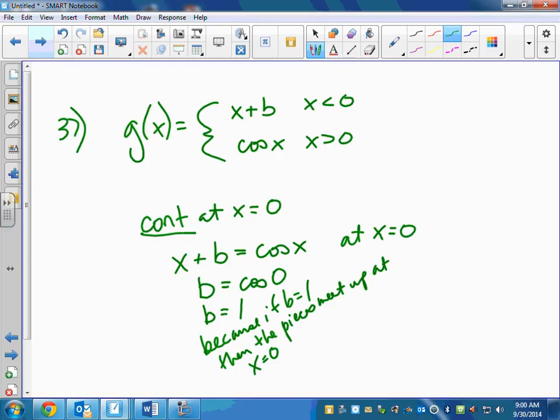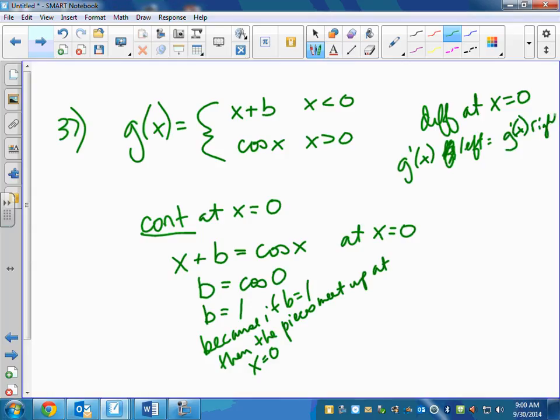But what about differentiable? If we want it to be differentiable at x equals 0, that means that the derivative from the left has to equal the derivative from the right. Because even if they meet up, even if it's continuous, it could still be a sharp point or a cusp, which would make it not differentiable.